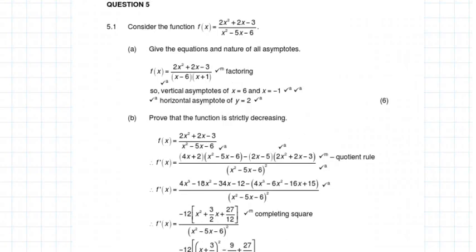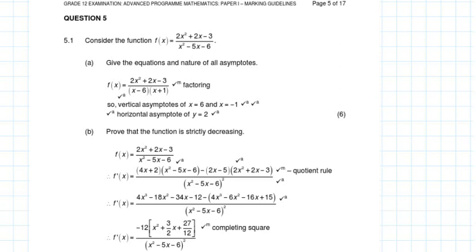Question 5 is about the equations and nature of all asymptotes. So we will write the asymptotes. What we know about the asymptotes here: first of all, whatever makes the denominator 0 gives the vertical asymptotes. The limit as x approaches infinity gives the horizontal asymptote, y equals the limit as x approaches infinity.